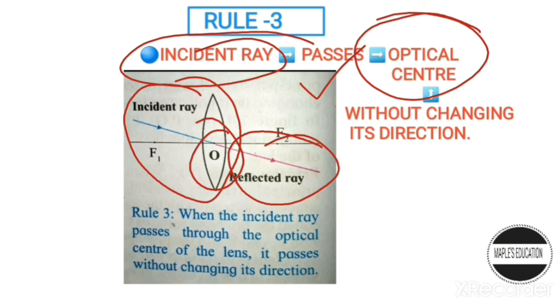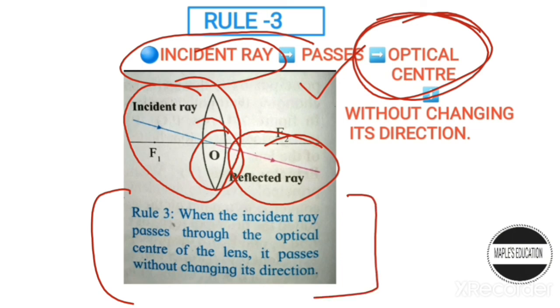That is rule 3. You can read rule 3 from here: when the incident ray passes through the optical center of the lens, it passes without changing its direction.